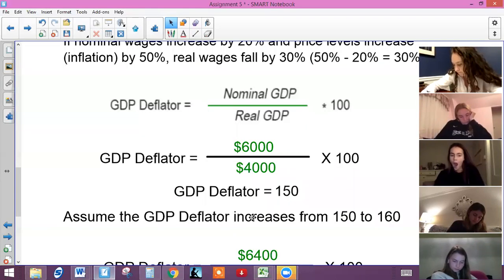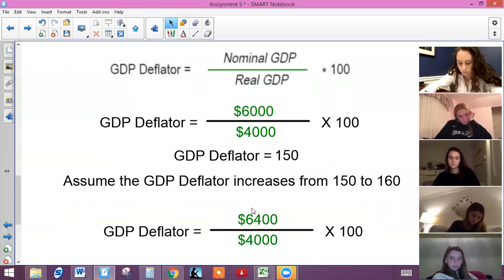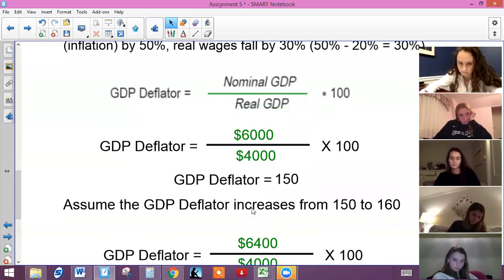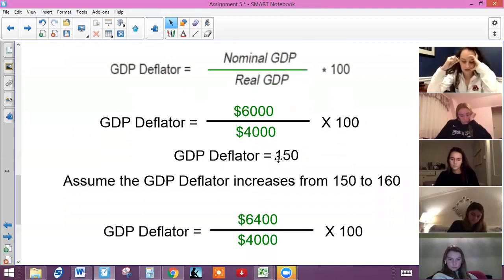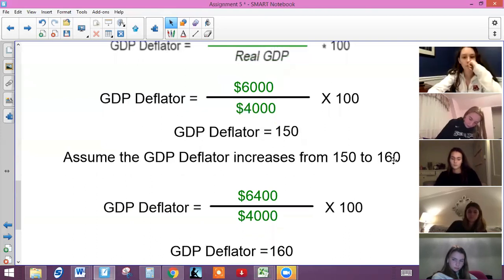So the way we can look at that is we know that the GDP deflator is the nominal over the real. We originally had a GDP deflator of 150. So let's say it went higher. Let's just assume it went from 150 to 160.